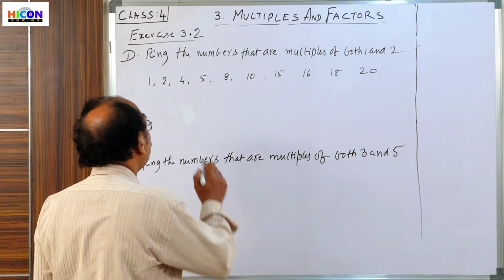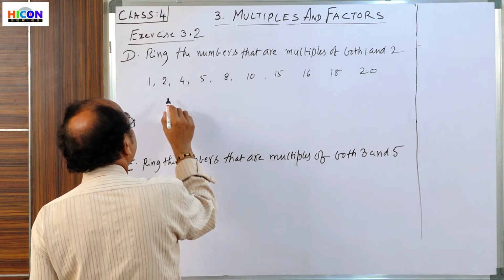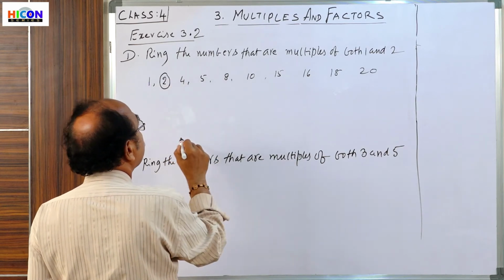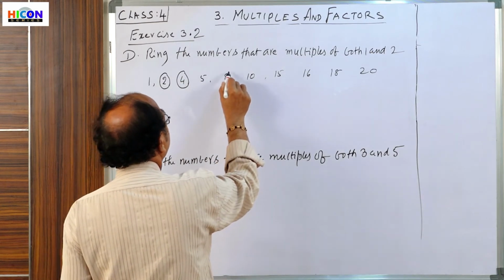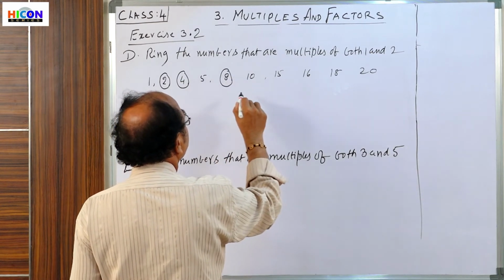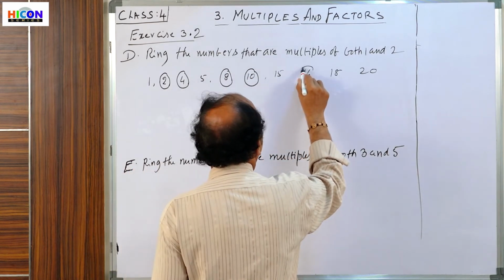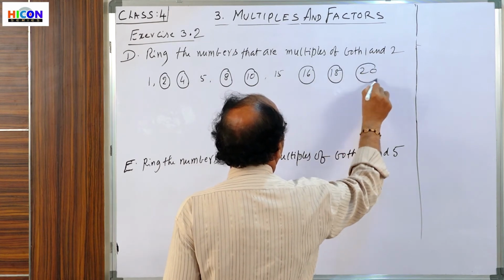So, we ring the number 2, and 4, 8, 10, 16, 18 and 20.